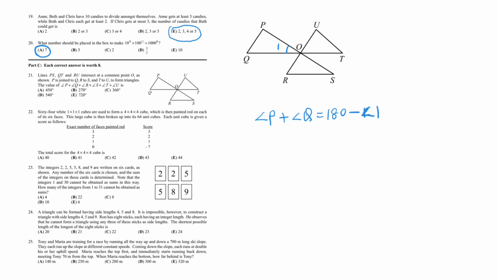And angle R plus angle S equals 180 minus, I label this angle as 2, minus angle 2. Same thing, angle U plus angle T is 180 minus angle 3.